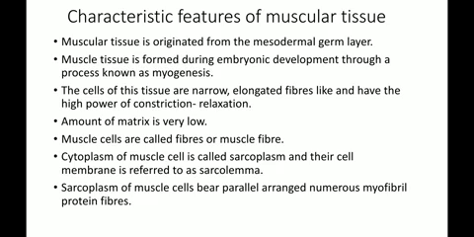But in the case of a muscle cell, the cell membrane is called the sarcolemma, and the cytoplasm is called the sarcoplasm. The sarcoplasm of muscle cells also bears numerous parallelly arranged myofibril protein fibers. So these are the main characteristic features of muscular tissue.